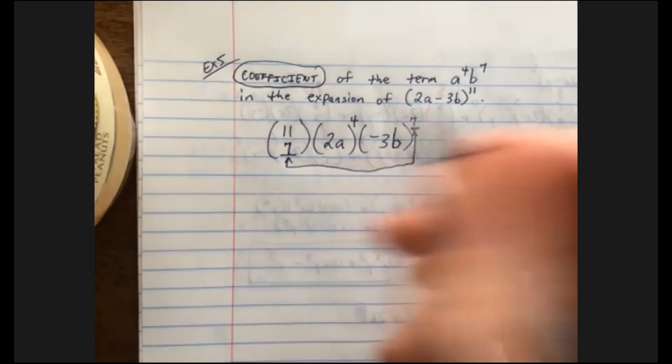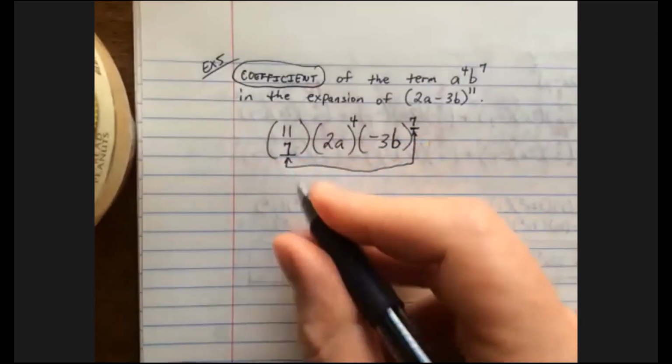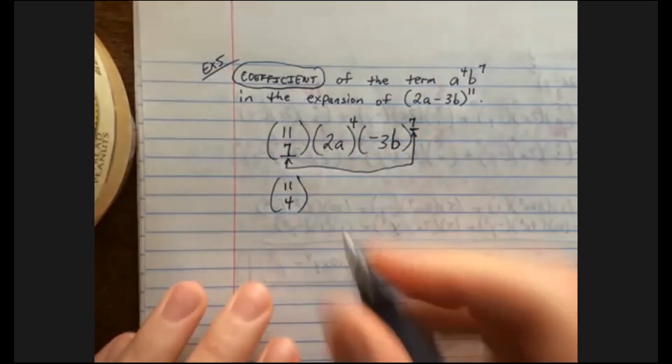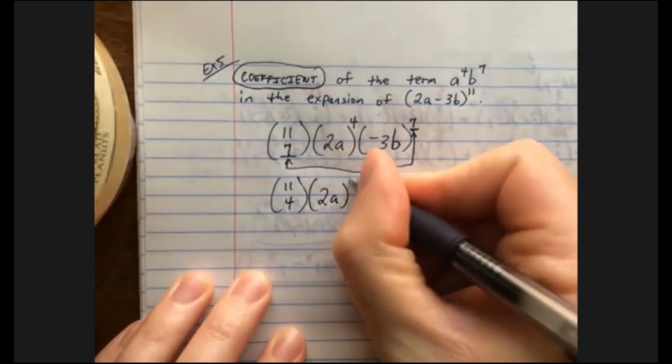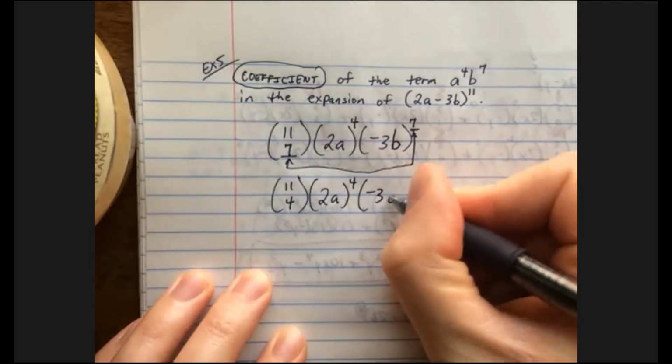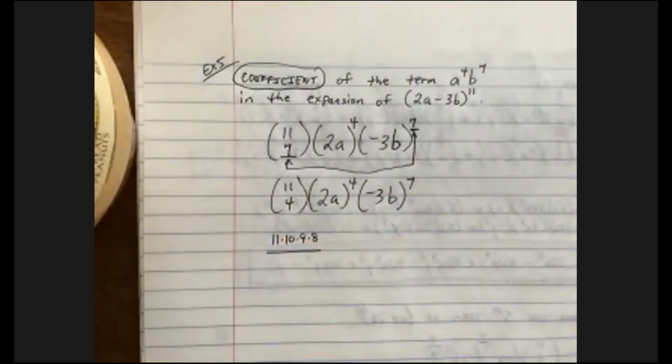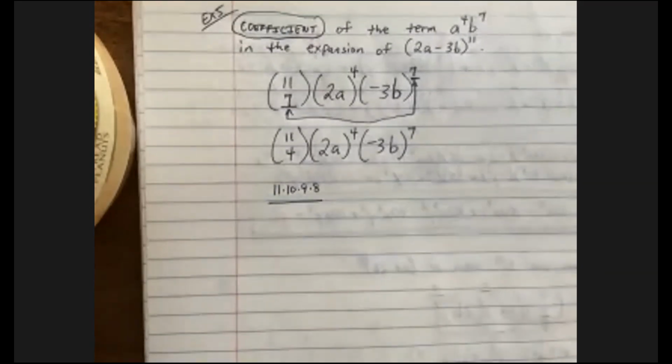So remember, 11 choose 7 is the same thing as 11 choose 4. I'll just go ahead and write all that real quick. Well, 11 choose 4, remember, is 11 times 10 times 9 times 8. So I'm going to do 11 choose 4 just because it's simpler.